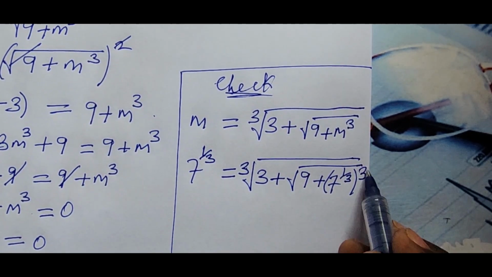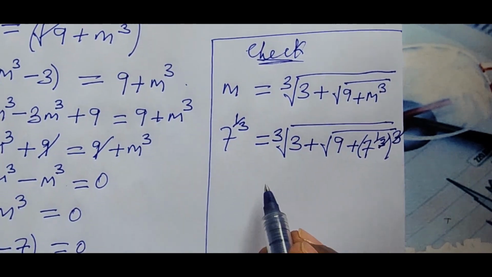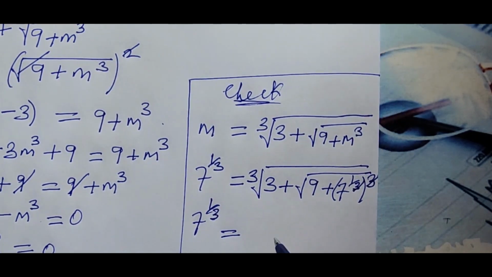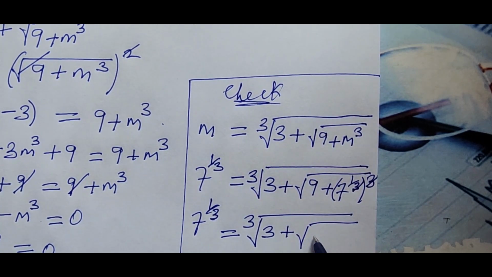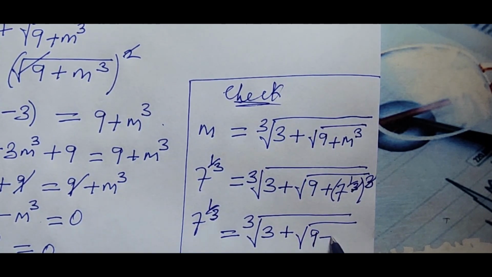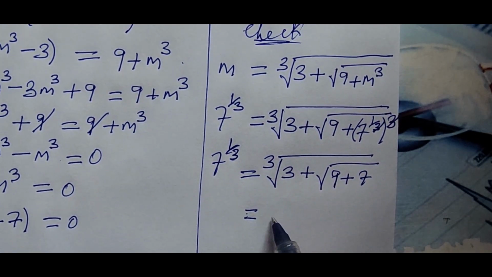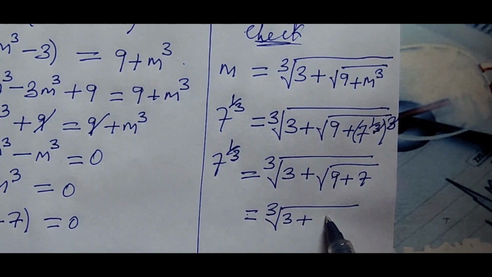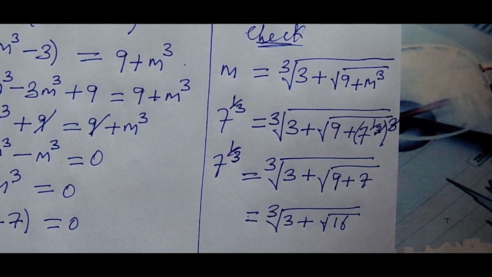So from here, this we cancel with this. So we are now left with 7 to the power of 1 all over 3. This is equal to the cube root of 3 plus the square root of 9 plus 7. So this side will give us the cube root of 3 plus the square root of 16, because 9 plus 7 will give us 16.